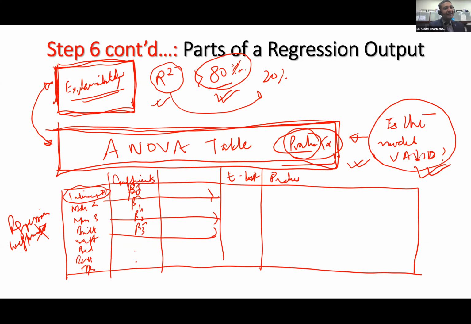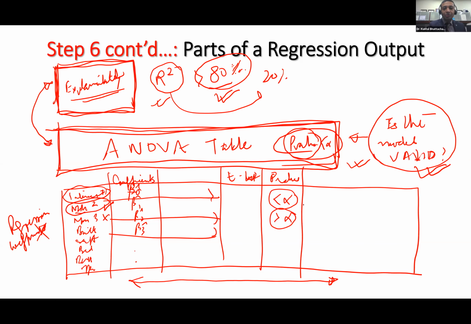The expectation is exactly the same. If your p-value is less than alpha, then that specific variable stays in the model. If your p-value is greater than alpha, that variable cannot stay in the model. So your final equation will only include the variables that stay in the model based off of the p-value for each of those variables. I'll explain this with the example. But that is how you want to interpret a regression equation.